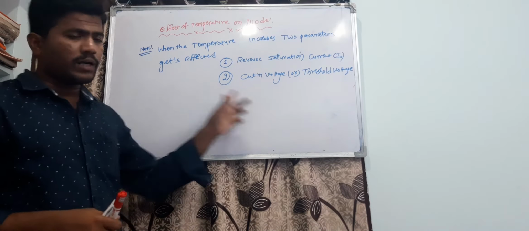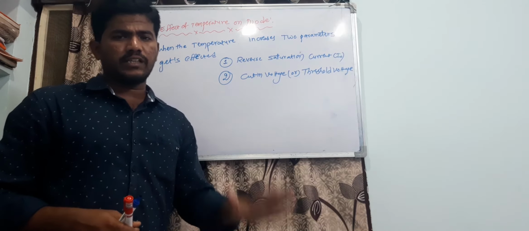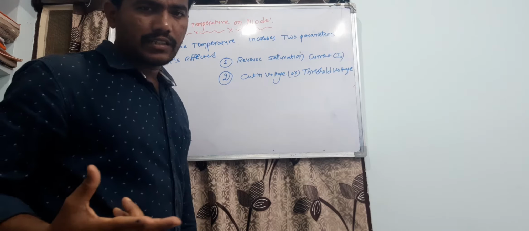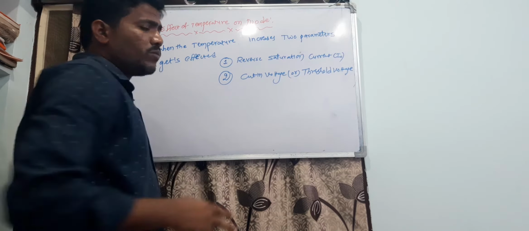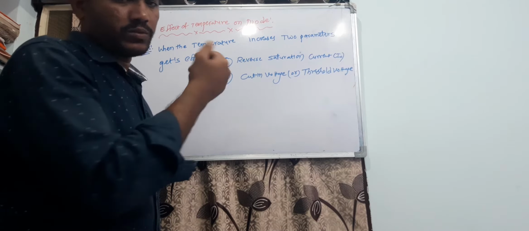These are the two parameters that may change when the temperature increases. We have to see how much the reverse saturation current increases, and whether the cut-in voltage decreases or increases, and by how much.